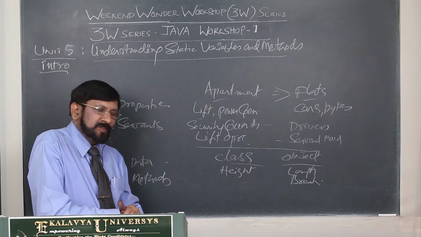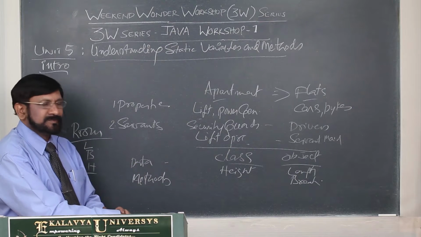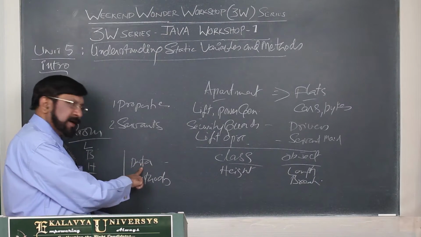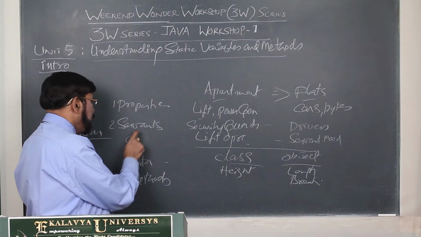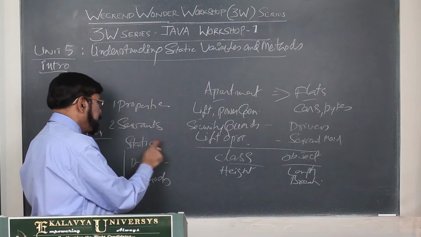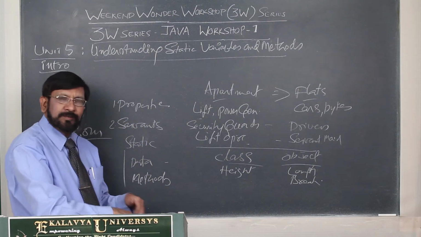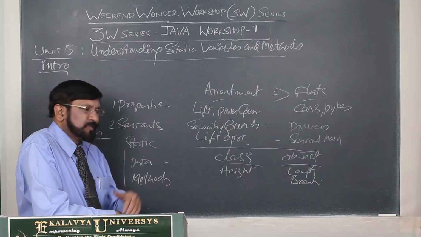In such a case, you can make it belong to the class. So if we have to make any data item, variable or method belong to the class, you declare it with the static modifier.